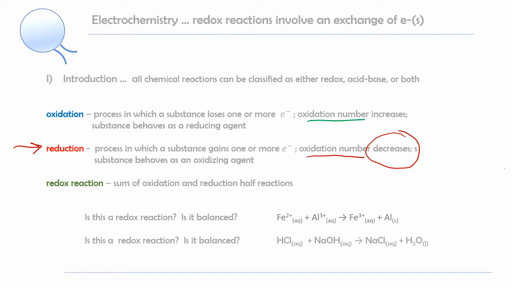It is gaining electrons. Because this is the substance that is taking the electrons from the other substance, it oxidizes the other substance, and we say that this substance behaves as an oxidizing agent. Once again in redox chemistry, you want to be really on your toes with terminology.